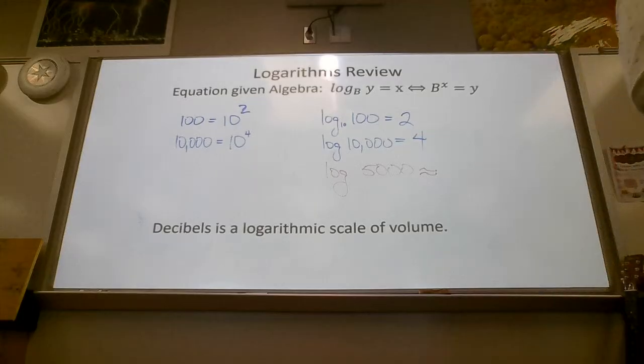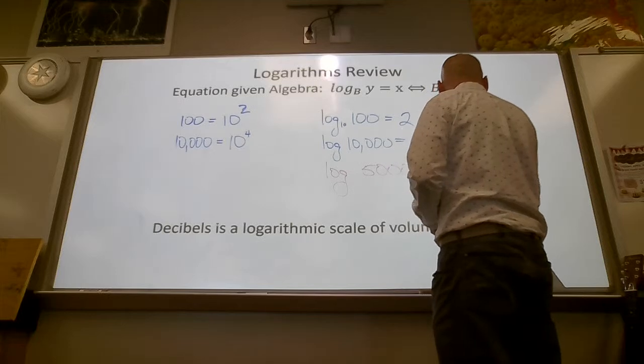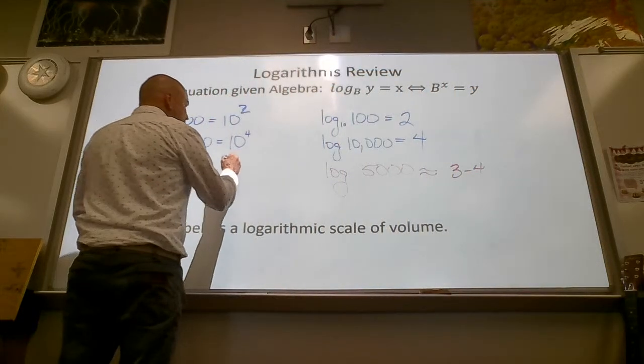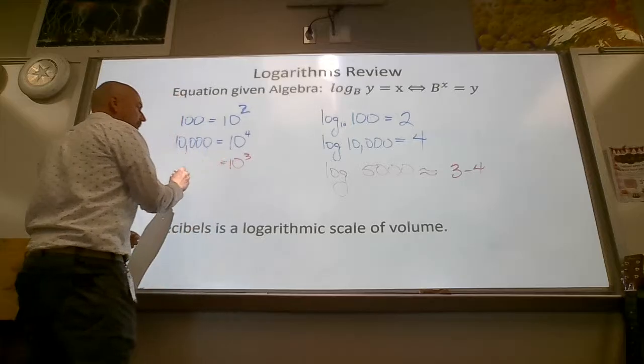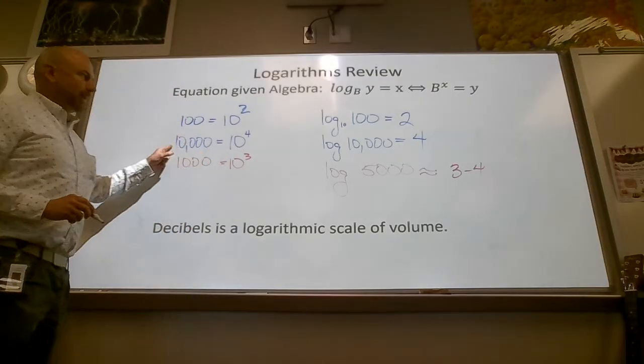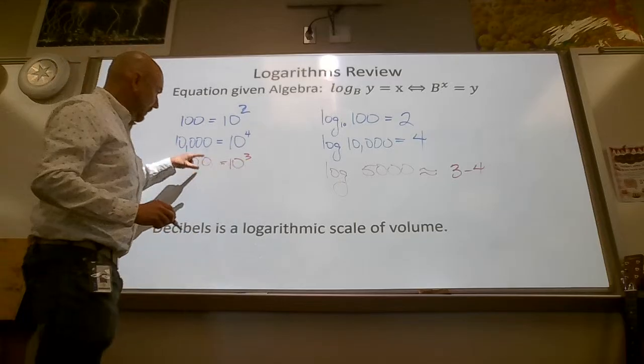All right, it's going to be between which two numbers? 3 and 4. It's got to be between those two numbers because 10 to the third is equal to 1,000. 10 to the fourth is 10,000. So 5,000 lies between these two numbers.